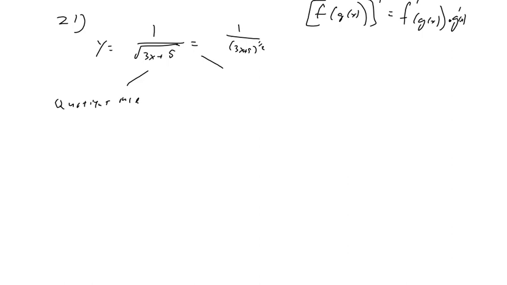You need to be able to see that that is equivalent. And since I have something with an exponent in the denominator, I could move this exponent up on top and make it a negative. I could say 3x plus 5 to the negative 1/2 power, and then I can use the power rule. So that's another way we could have done this.